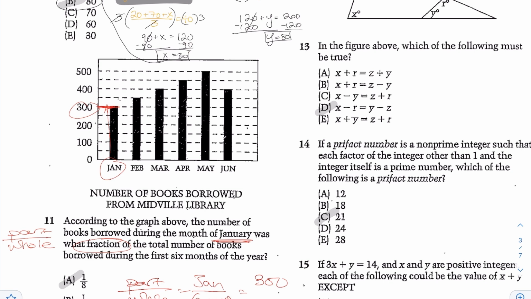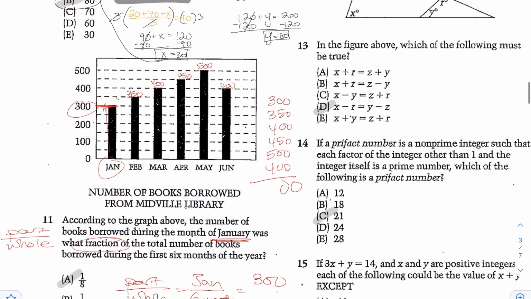So we'll be adding 300 plus the next one is 350, then 400, 450, then 500, and then 400. So you have to add everything up. 350, 400, 450, 500 for May, and then 400 for June. So here we have 10.